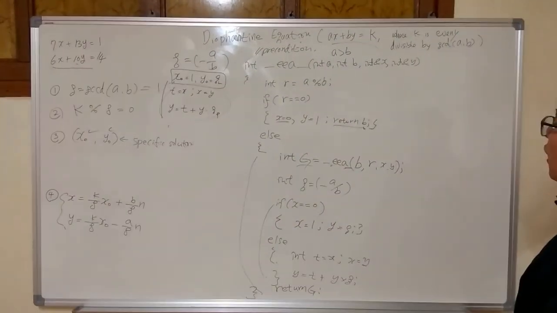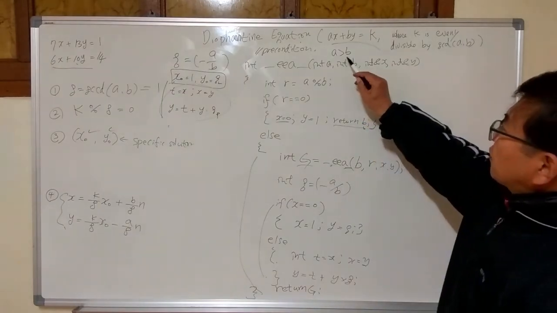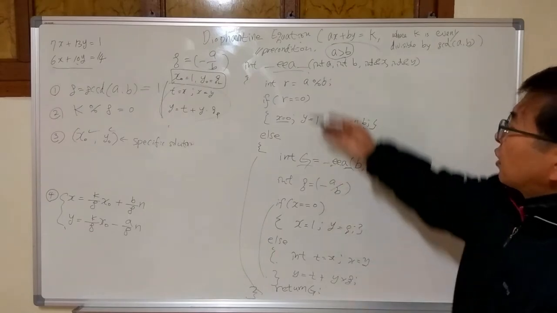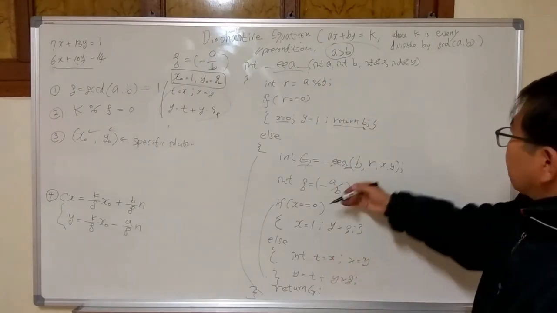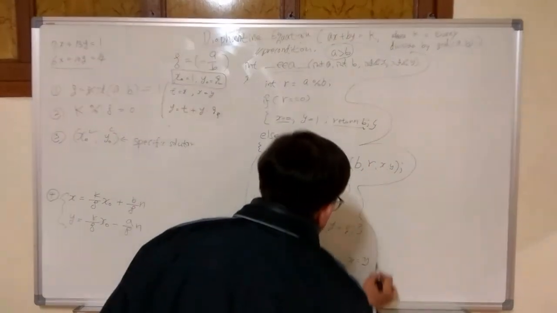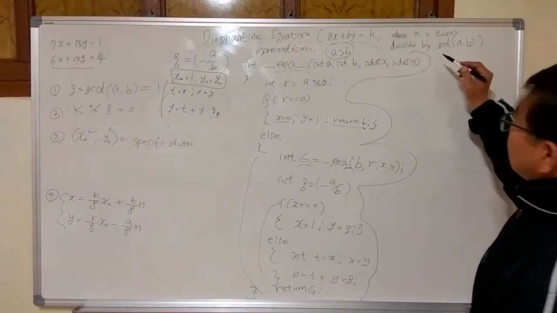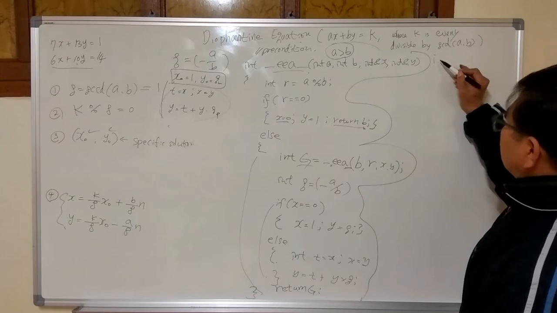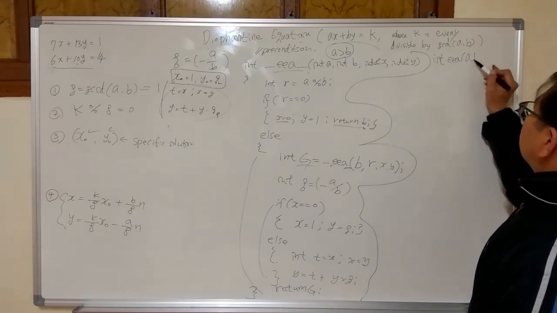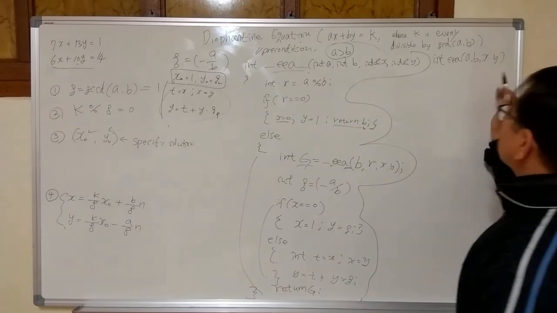I need to mention another thing. Because we assumed A is greater than B, this is the internal representation of the extended Euclidean algorithm. I need to make another function here. Say int EEA A B X Y, like this, the same.